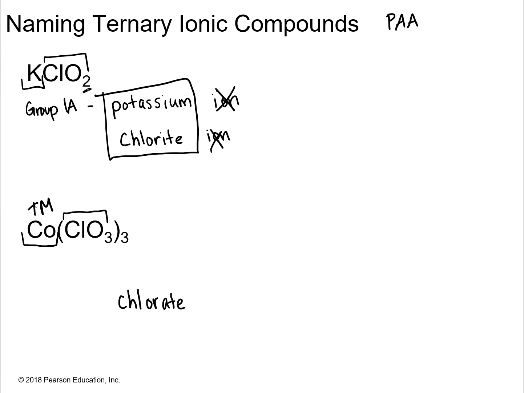Also, if you look at the ClO2 from above, that's chlorite. You add one more oxygen, that's the 8 form. It's just a throwback to earlier in this lecture. The chlorate ion has a charge of -1.